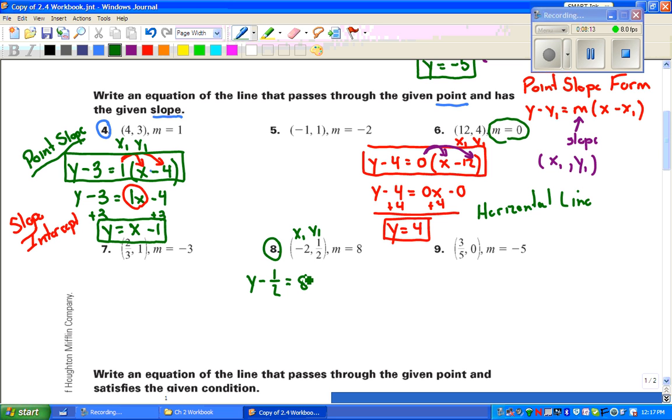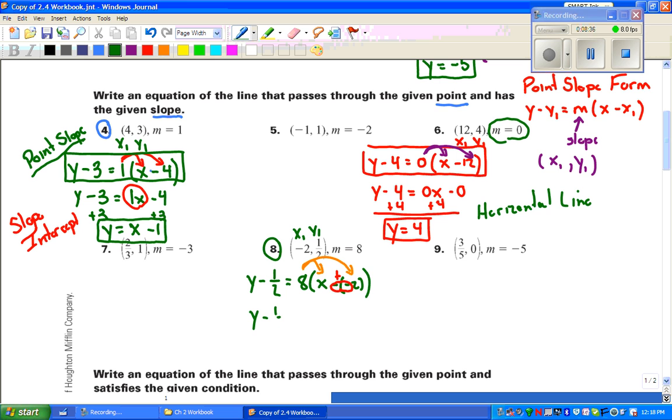Equals 8 times x minus, and what is my x1 value? Well, it's a negative 2. So I substitute in a negative 2. We know that this right here becomes a positive 2. And we're going to distribute 8 here, and we're going to distribute it here. So we're going to be left with this.